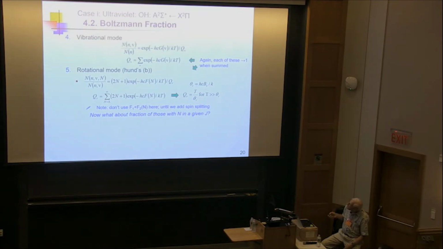The Boltzmann fraction, in the first part of the course, was 2J plus 1. It's now 2N plus 1, because when we bring in the electrons, we have to change notation to use N for the nuclei. So this is the rotational distribution for N. But remember, it's not enough to tell me N. You have to tell me which C or D, and you have to tell me F1 or F2.